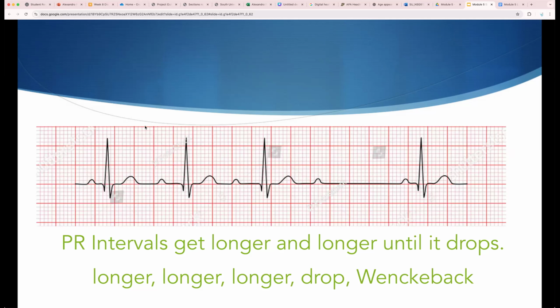What would you call this one? For this one, you're going to have to count the PR interval duration. So determine the PR interval durations, and that's going to guide you in identifying what this is.